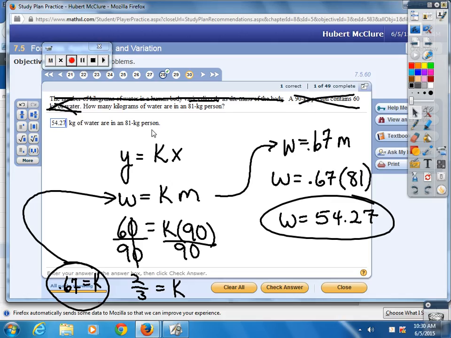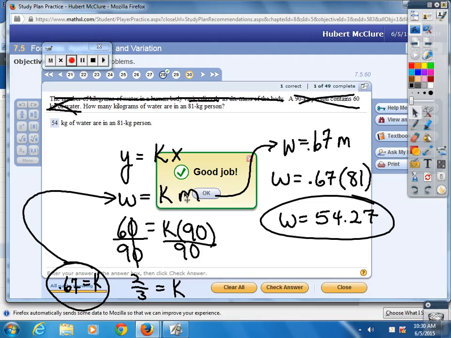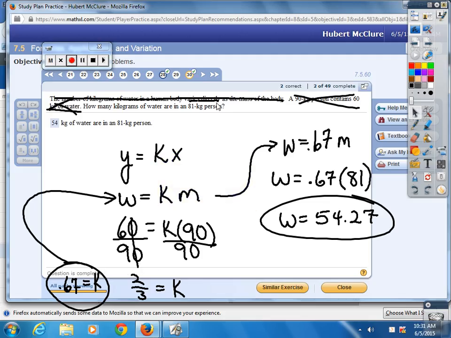So let's try whole numbers, 54. That's it. So they're using the rule: what you start with, you finish with. So if these were fractions, you'd end with fractions. If they were whole numbers, you ended with whole numbers.